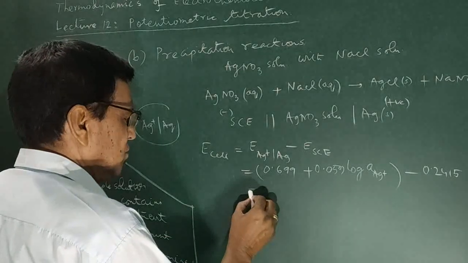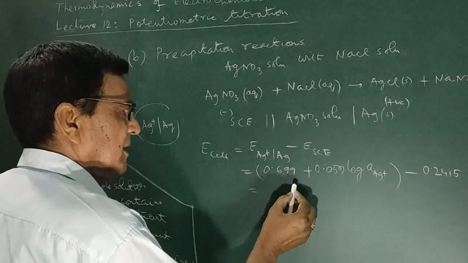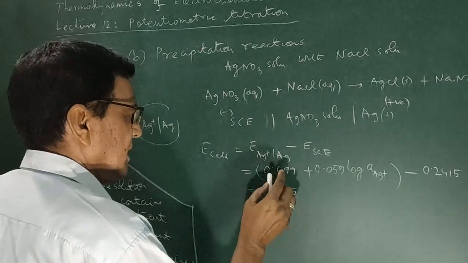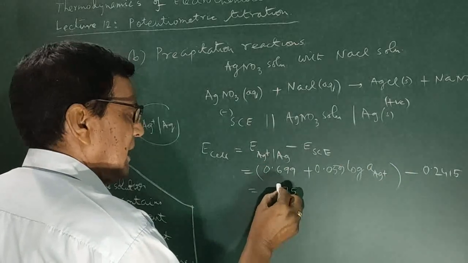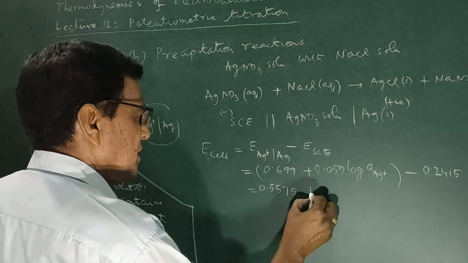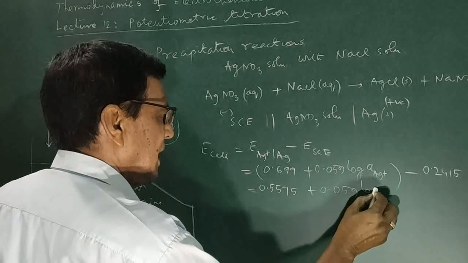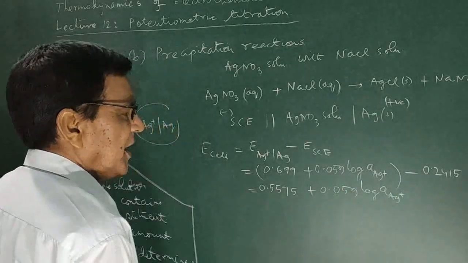So if we do these calculations, we get 0.5 plus 0.059 log activity of the silver ion in the titer.